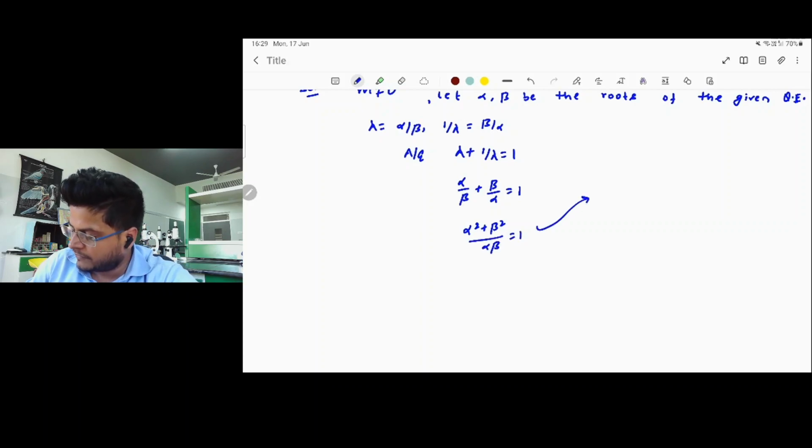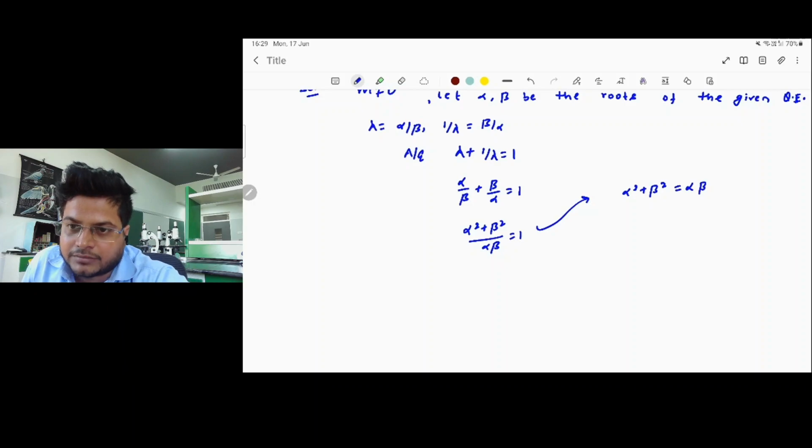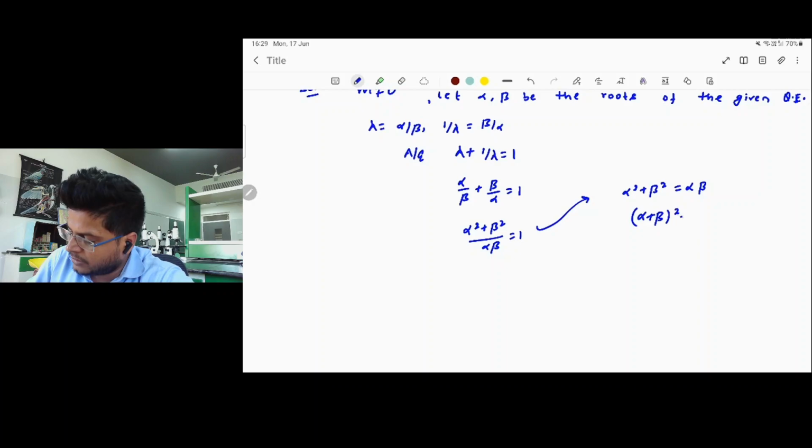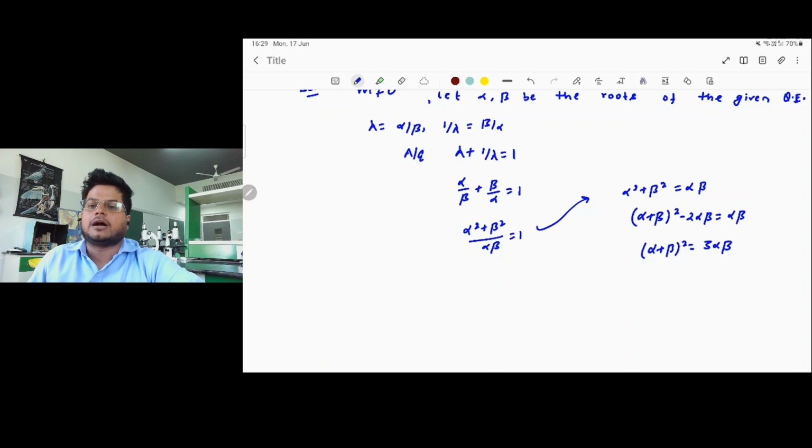This we can write as alpha square plus beta square equals alpha beta, right? And this we have discussed already in the very second lecture, that alpha square plus beta square can be written as alpha plus beta whole square minus 2 alpha beta equals alpha beta. So ultimately what we got is alpha plus beta whole square equals 3 times alpha beta.